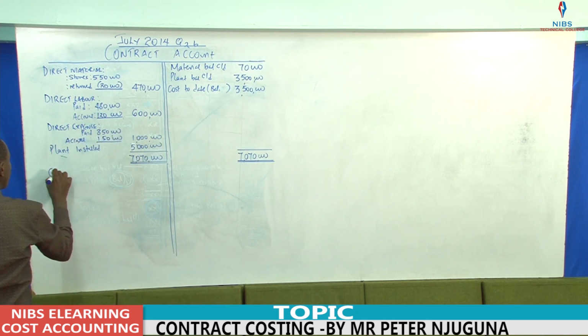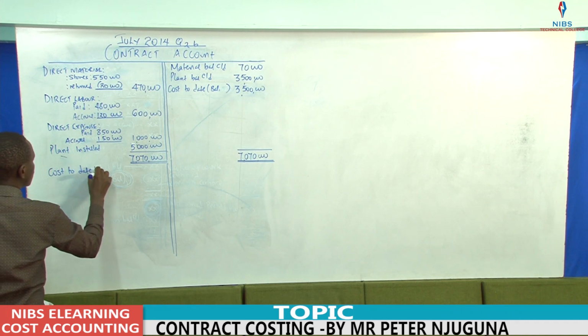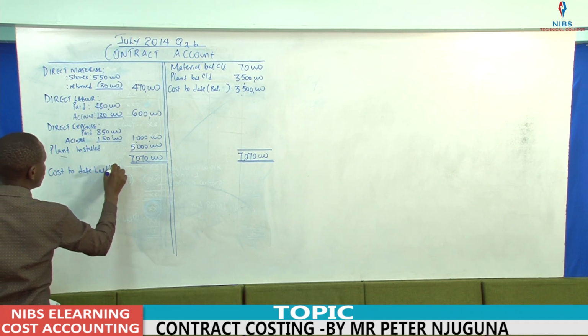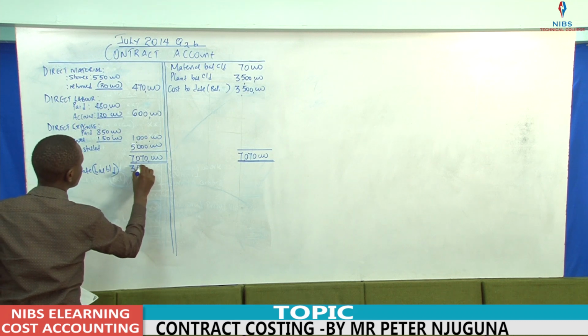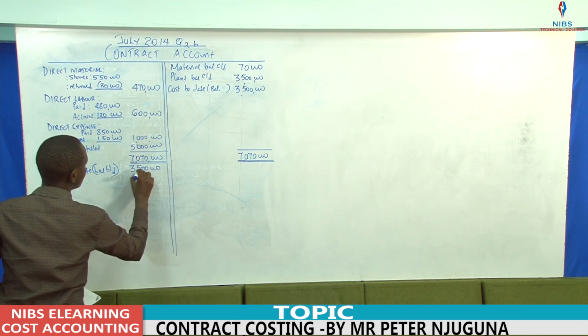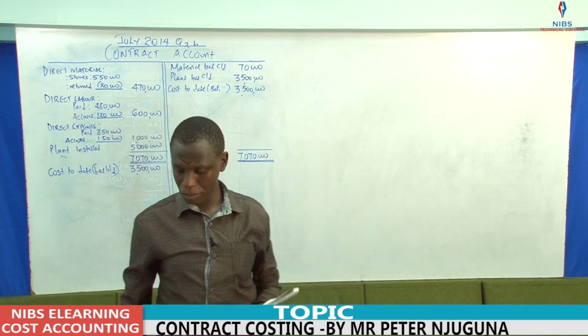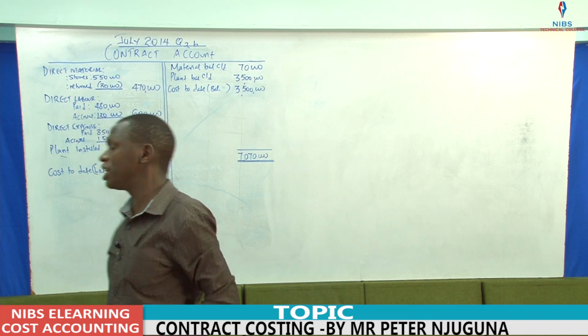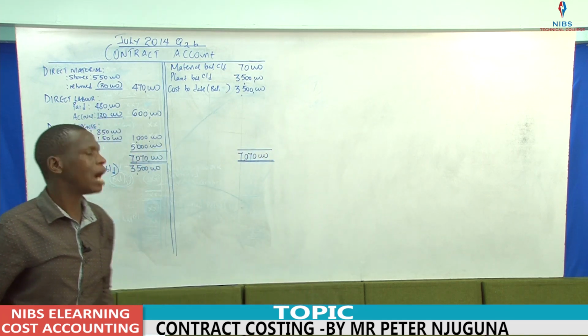So you will have cost to date, balance brought down. This one is 3.5 million.